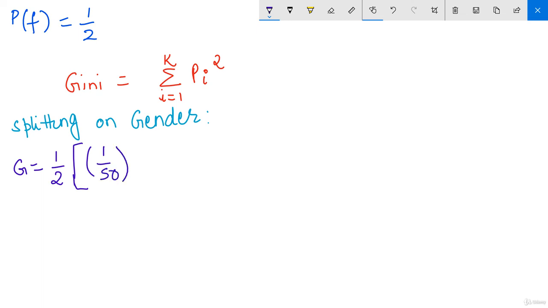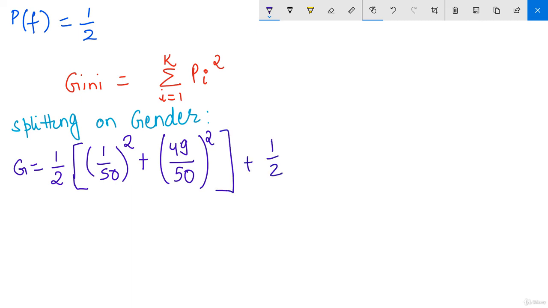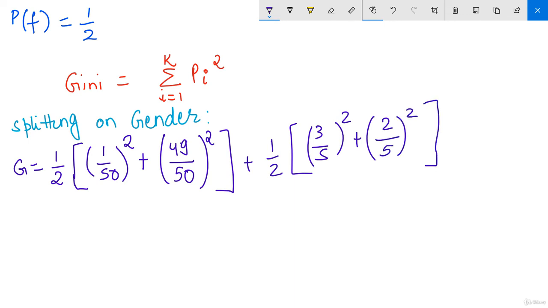I hope now you understand why it was 1 by 50. You have to find the probability from the back. That is why I'm saying that you have to have all the notes in front of you. So 49 by 2. We are talking about females first, and then males. The probability is 3 by 5. If you solve this, you will get a value of 0.74. This is splitting on the basis of gender.